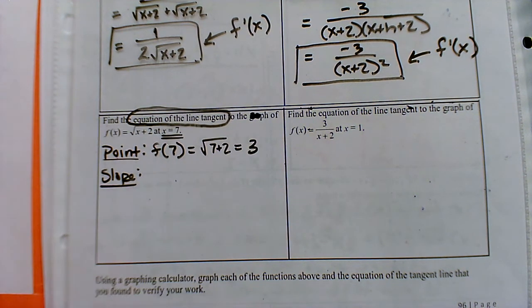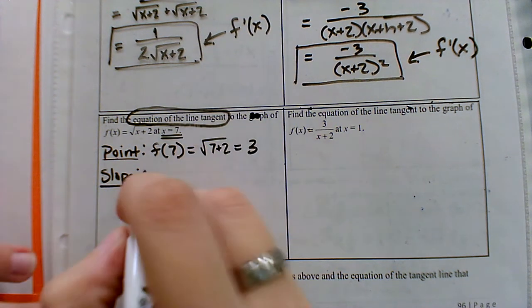Which equation are we going to use to figure out the slope of the line at this specific point? What represents the slope of a line at one point? I say that phrase and you think derivative, okay?